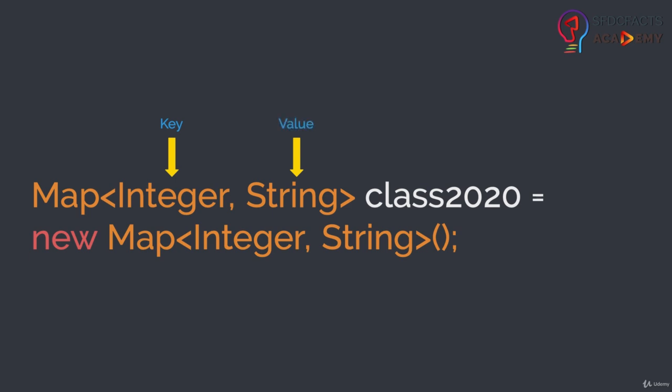So here for our class 2020, we want to make the roll numbers keys and student names values because student names can be duplicate and map keys need to be unique like set. That's why we are declaring a map of integer and string, where integers will be our keys and strings will be our values. Now let's go back to our developer console and try a few examples there.